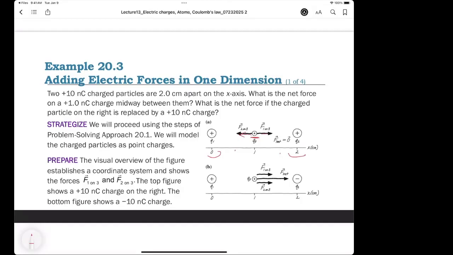The bottom figure shows a negative charge here. There is a positive, there is a negative. So I think the question is wrong. It should be negative, otherwise the original is positive. Does that make sense to you? So the second one should be this one.